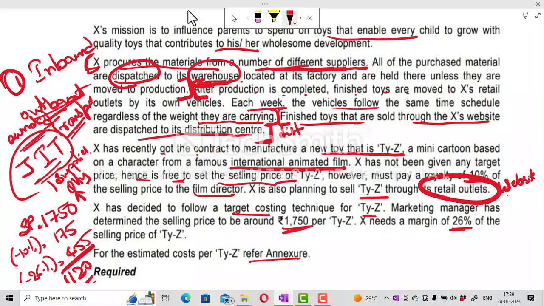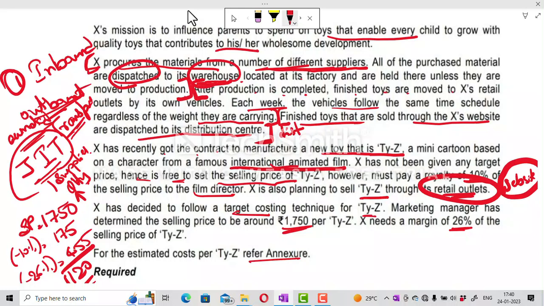And when it comes to distribution, it is selling only through the retail outlets. So it's good to sell through a website, which will have international sales, because this is an international firm. So it is better to sell through a website, so that we can increase the sales. Also, using these three, we can reduce the gap of 78 rupees.